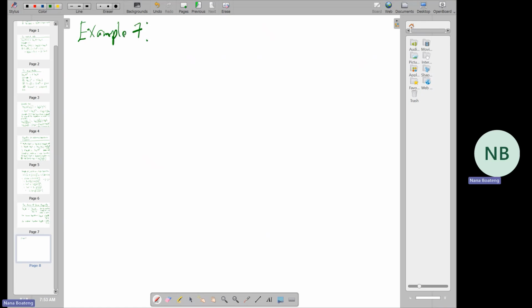It says use common logarithms to evaluate log to the base 7 of 2506.